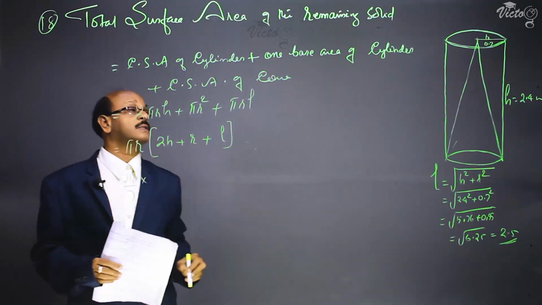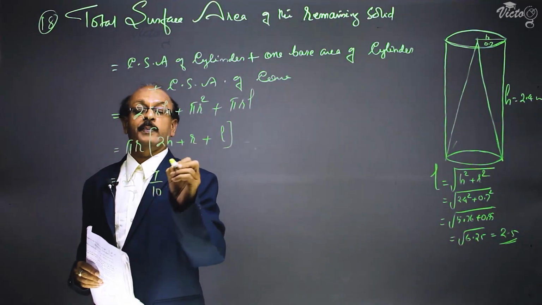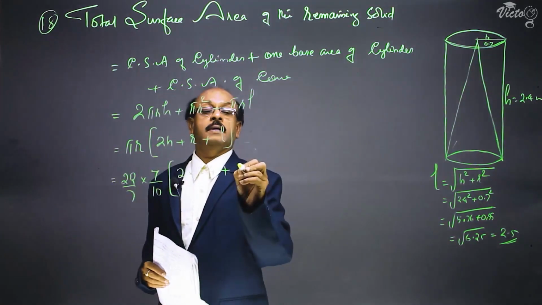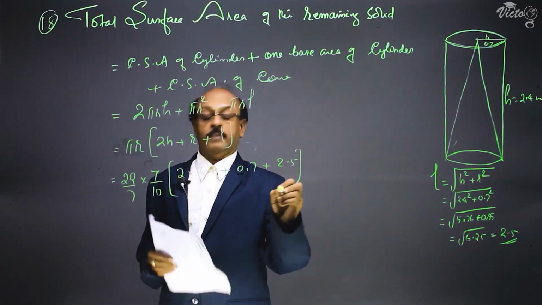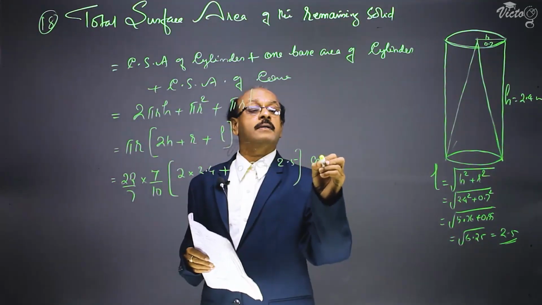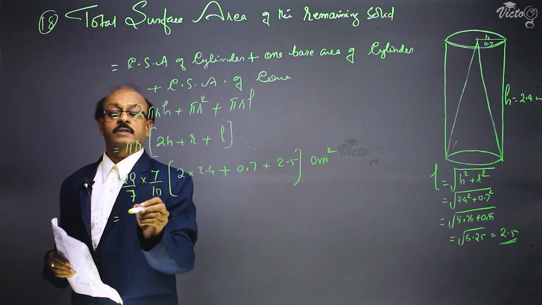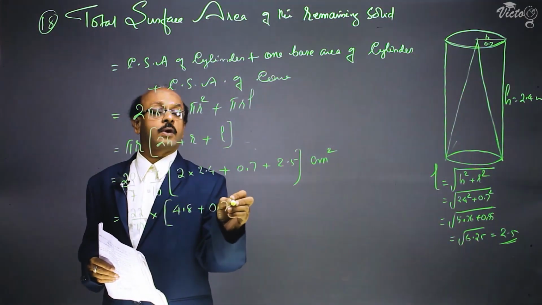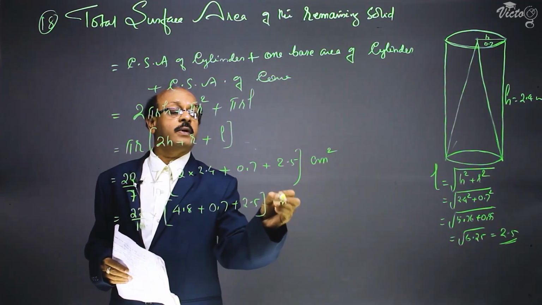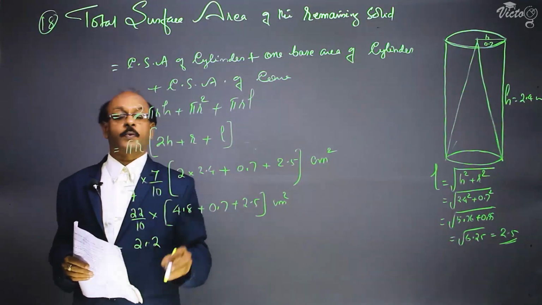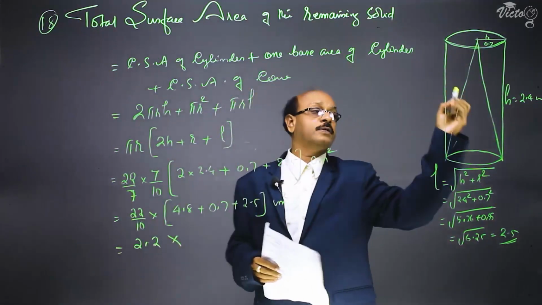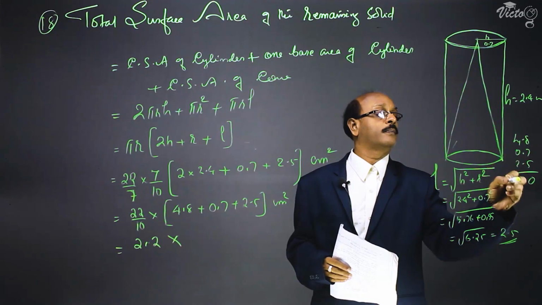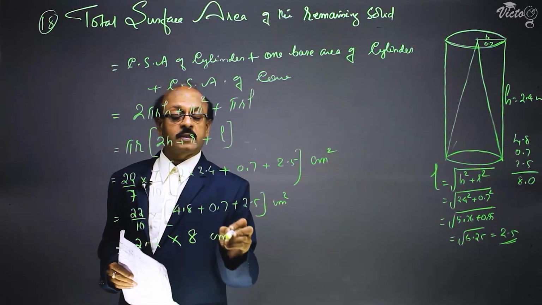22 by 7 into radius 0.7, which is equal to 7 by 10, into 2 into h, 2.4, plus radius 0.7 plus L, slant height 2.5, centimeter square. 7 cancelled, which is 22 by 10 into 4.8 plus 0.7 plus 2.5 centimeter square. 22 by 10 is 2.2 into, on addition, 4.8, 0.7, then 2.5, which is equal to 8 centimeter square.